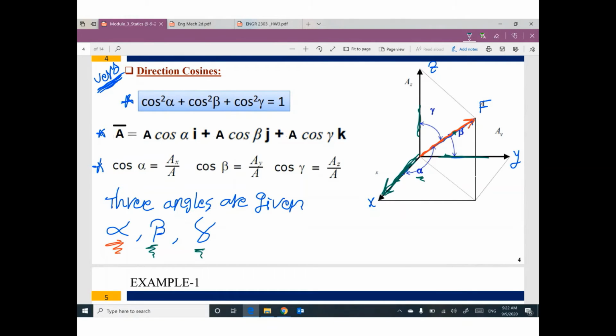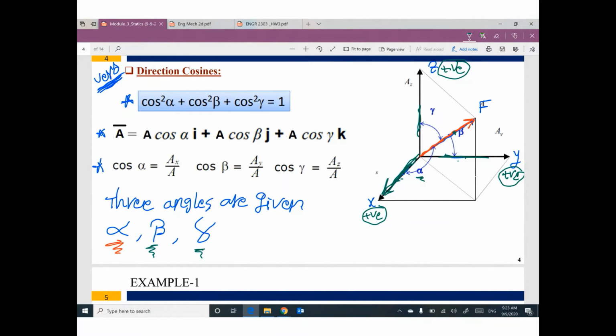So we have three angles. The first one between the force and the x-axis, the second one between the force and y-axis, the third one between the force and z-axis. I'm talking about positive direction of these axes. So positive direction of x, positive direction of y, positive direction of z. So your angles must be measured between the force and the positive directions of these axes.